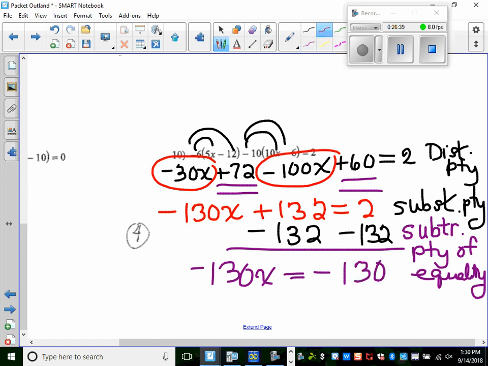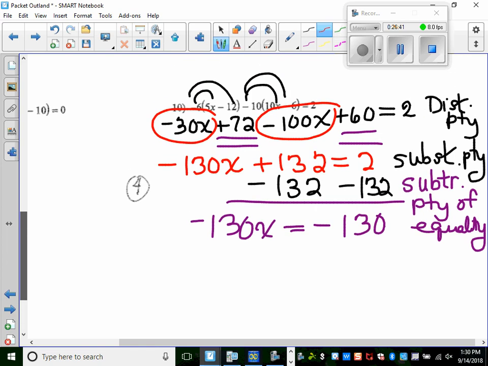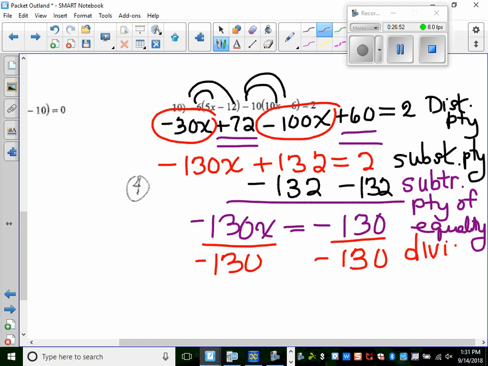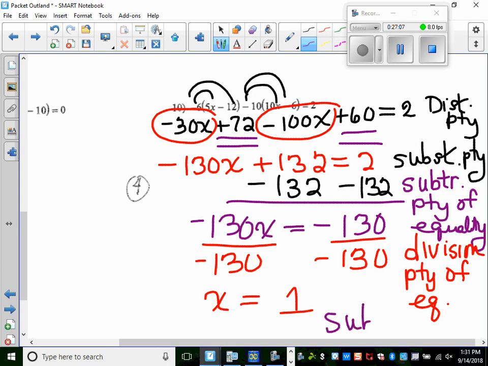Now I'm going to do what? Division. So what property? What's my property I'm using? All right, division property of equality. All right, and then I get x equals 1. So when I get my answer, that's called what? Substitution. All right, great job, guys.